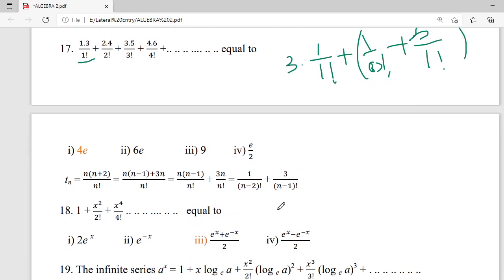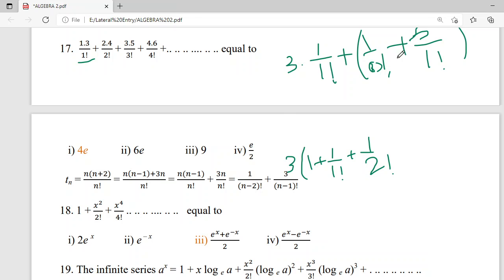We will have like this: 3 common, take common, then 3 into 1 plus 1 by 1 factorial plus 1 by 2 factorial.